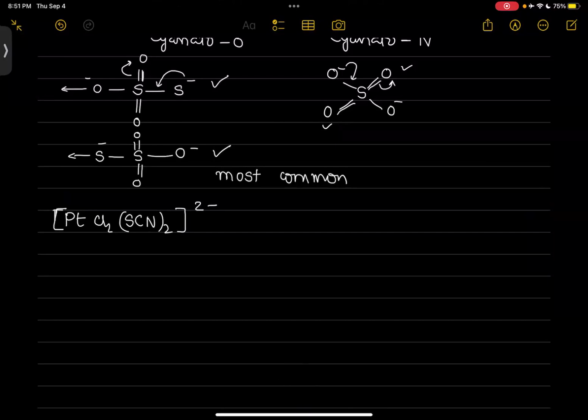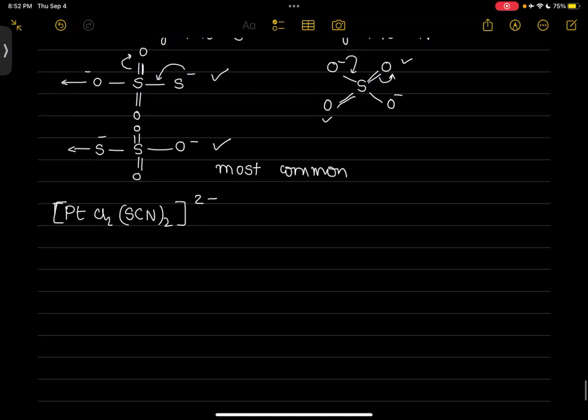How can we do that? If we look at the square bracket, there are two chlorido ligands. They can be only monodentate, not ambidentate. But there are two thiocyanato ligands. So this is where we need to look.